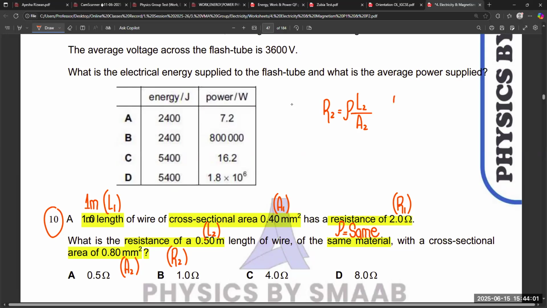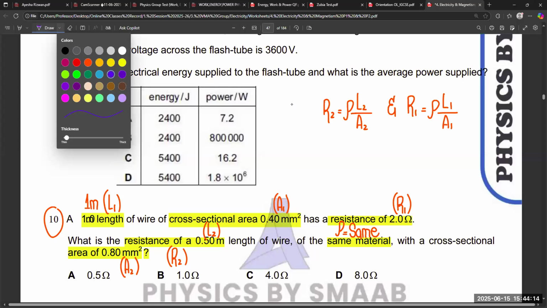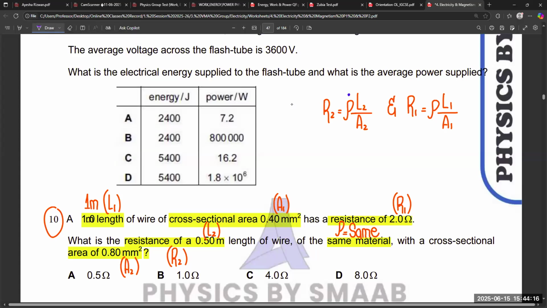In the same way, if we write the formula for R1, R1 will be equal to the same formula. And we notice one thing, that we have resistivity, this factor is constant. So if we rearrange the formula and make this quantity the subject, you will get a formula like this.